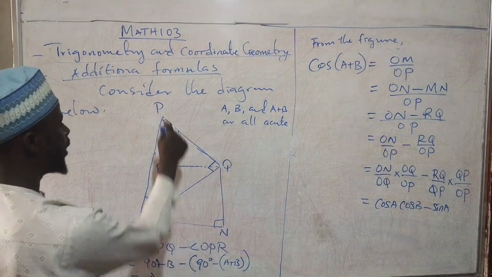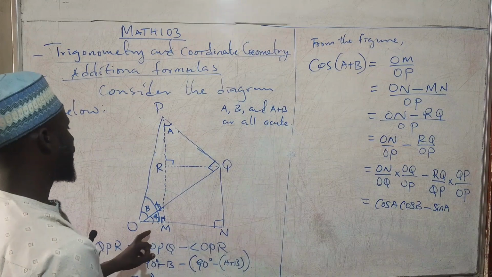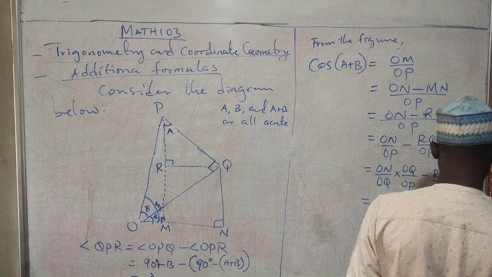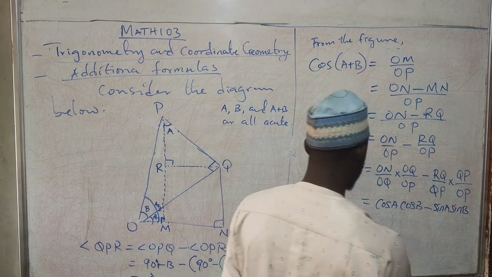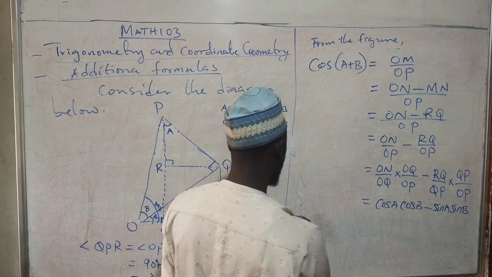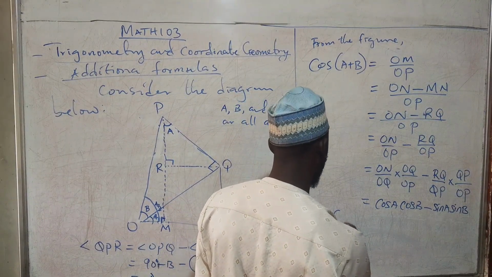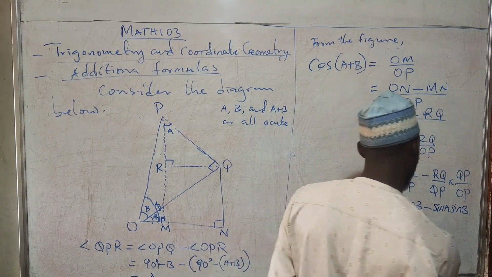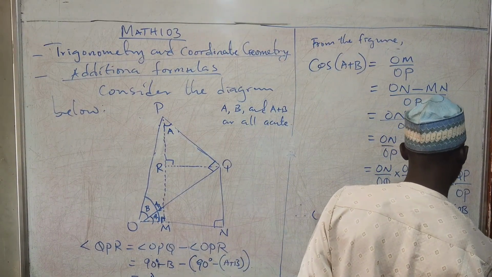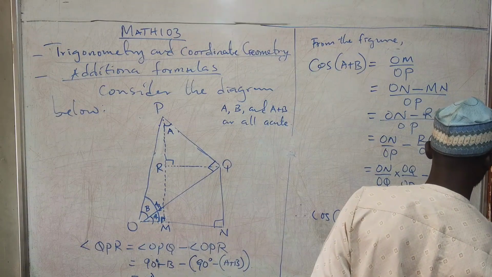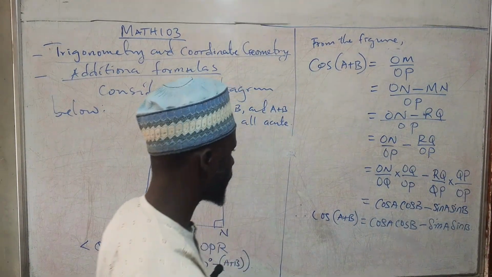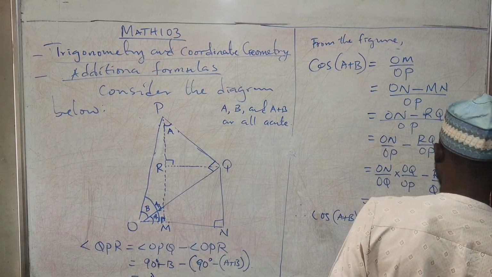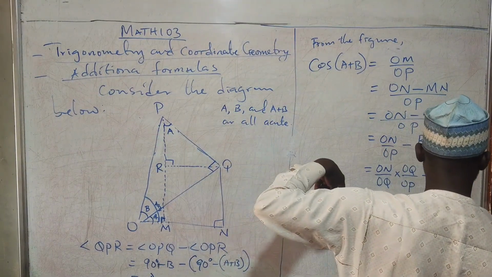So QP over OP, that is opposite over hypotenuse of B, that is sine B. So therefore, what we are saying is cos A plus B is equal to cos A cos B minus sine A sine B. So you can give this equation, call the former equation 1, call this equation 2.